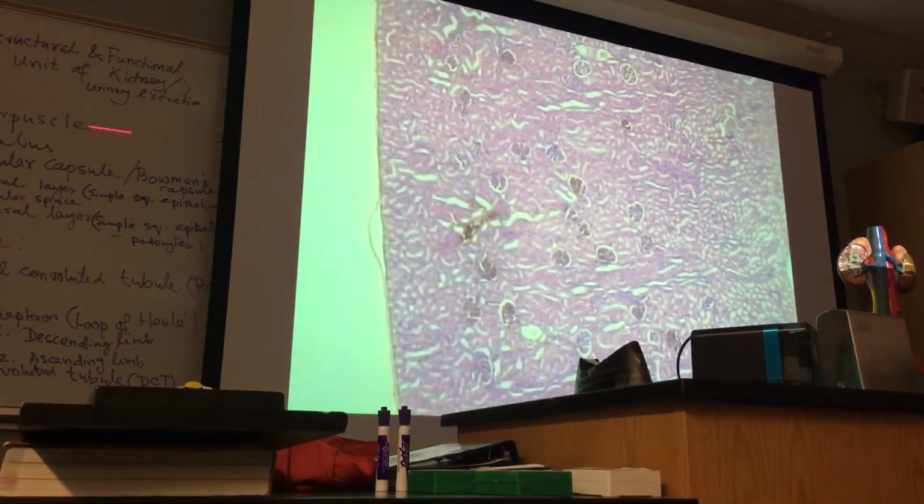Capsule. Not corpuscle. Capsule. Look here. This is the renal capsule, made of connective tissue. Then this part is called renal cortex, and here is renal medulla.